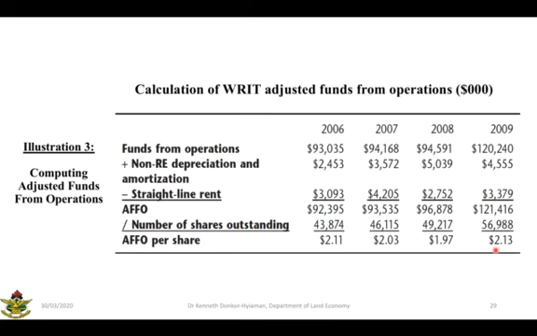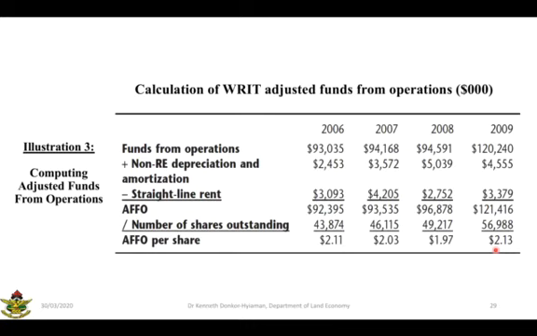These illustrations provide us with some understanding of the differences between net income, funds from operations, and adjusted funds from operations, and how to calculate them.